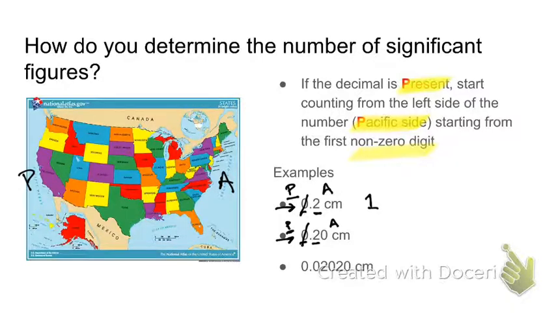And then the number after that, once I start counting, once I run into a non-zero, then I will start counting. It doesn't matter if it's a 0. So that wasn't very clear. I have the 2, and once I start counting with a non-zero, it doesn't matter if the next number is a 0. It will be significant. So this 2 and the following 0 is significant.